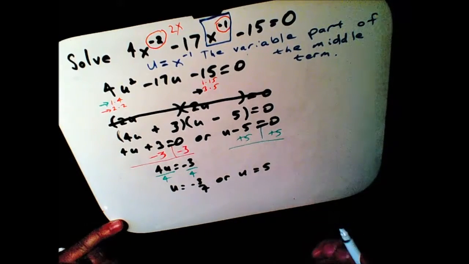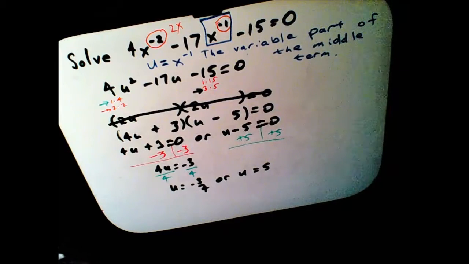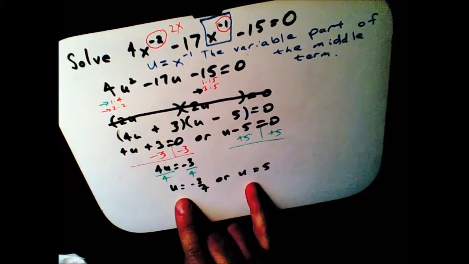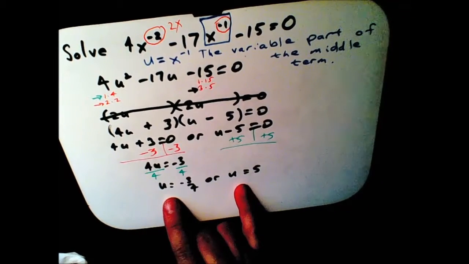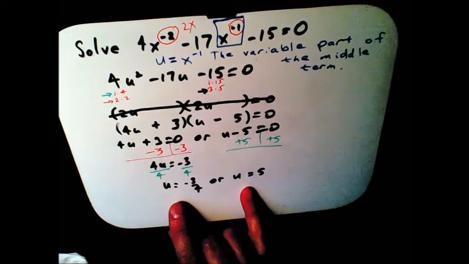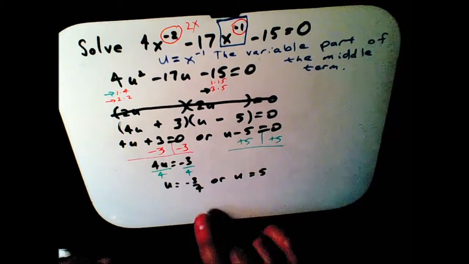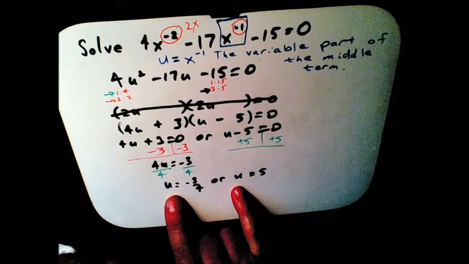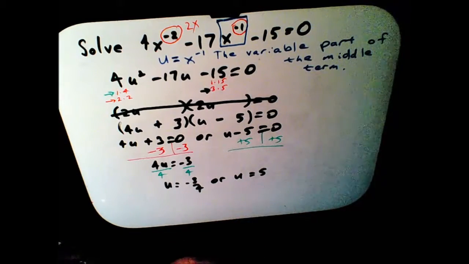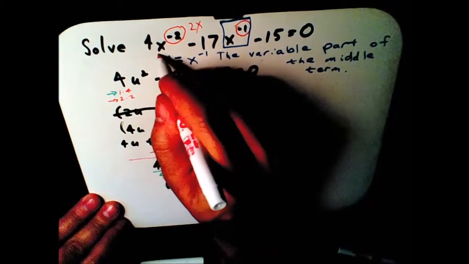Of course, we want to resist the temptation to think we're done because we only have solutions in u. We don't have solutions in x. So we need to get solutions in x, meaning that we're going to back substitute in for u. What is u? Well, we said that u is x to the minus 1.